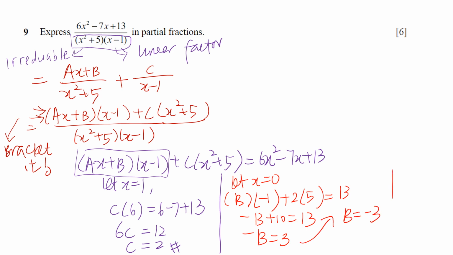So I found the values of B and C. I just need to find A. To find A, I can let x be any value. I'm just going to let x equal 2. So I would have 2a, the value of b is negative 3, 2 minus 1 is 1, plus 2. 2 squared is 4 plus 5, 9. 6 times 4 minus 14 plus 13.